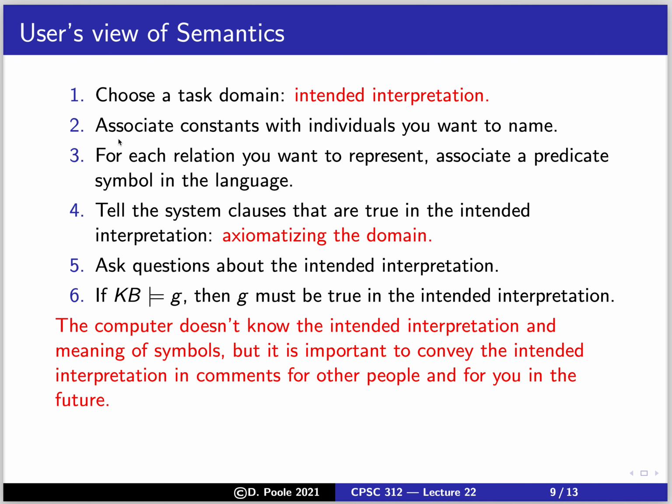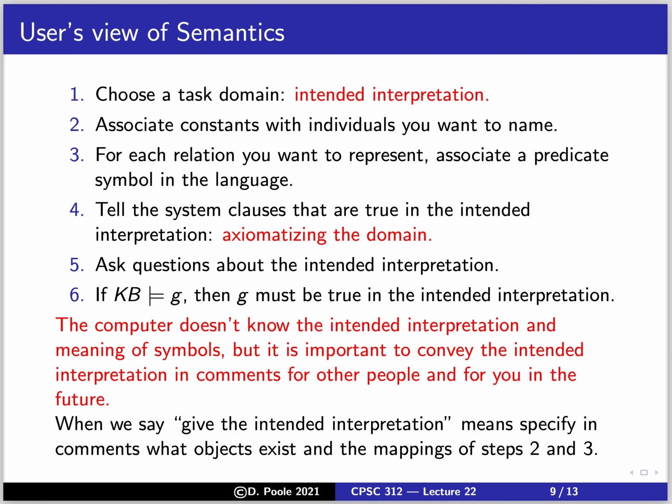It's really important to know the computer doesn't know the intended interpretation, the meaning of symbols. But if people want to understand it, you should convey that intended interpretation in comments for other people and for you in the future. And when we say, like in the next assignment, give the intended interpretation, it means specifying in comments what objects exist and the mappings of steps 2 and 3.